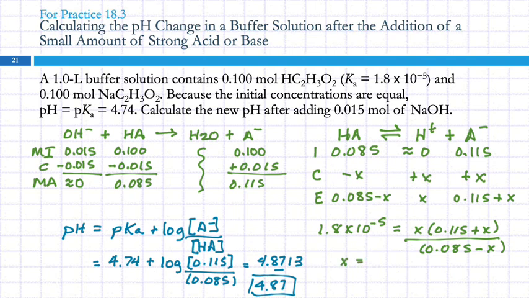Okay, what does X end up being if you use the solver? Did anybody do that? 1.33 times 10 to the minus 5? Okay.